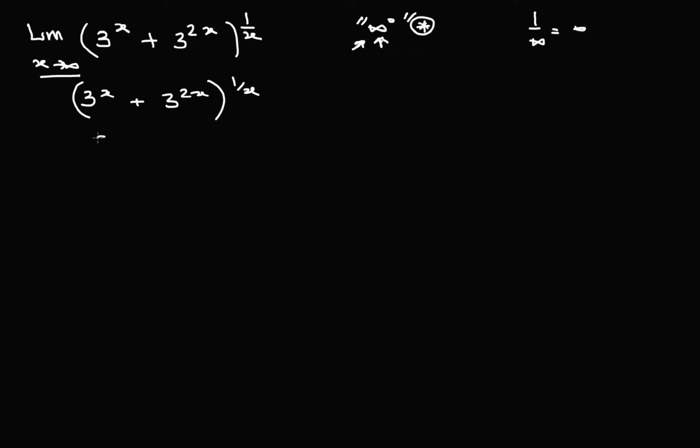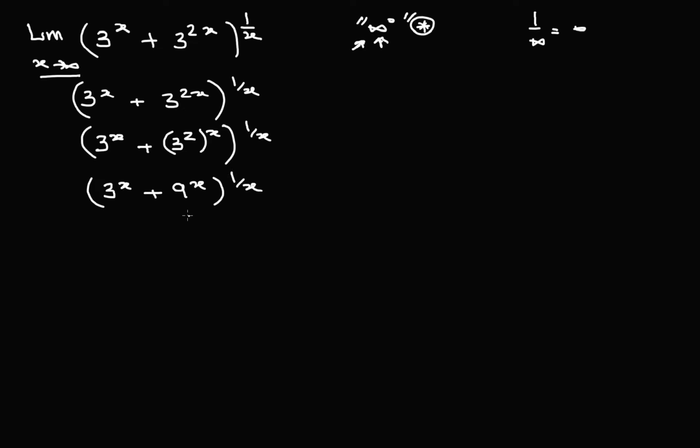So here we're going to have 3x just like this, then here we're going to do this 3 power 2x, so that we make it bigger, right? So this now will change to 3x plus 9x.